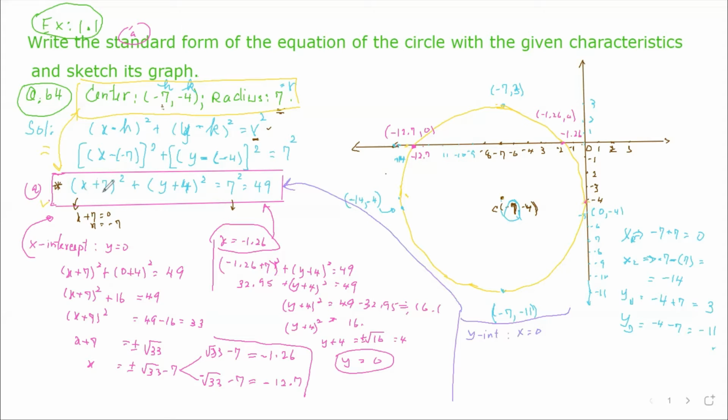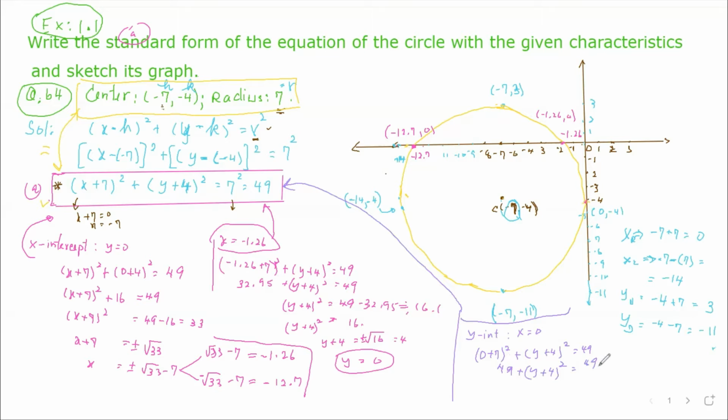So it becomes 0 plus 7, the whole thing power 2, plus y plus 4 power 2 equal to 49, right? 7 power 2 becomes 49, so 49 plus y plus 4, the whole thing power 2 equal to 49.